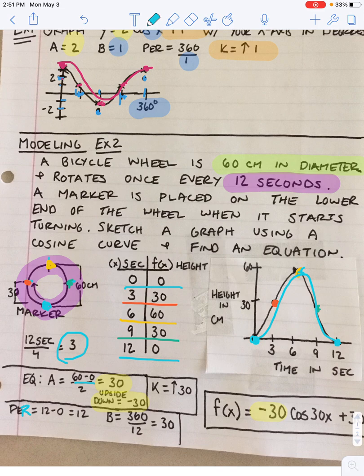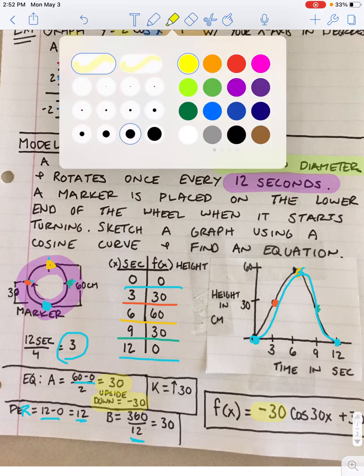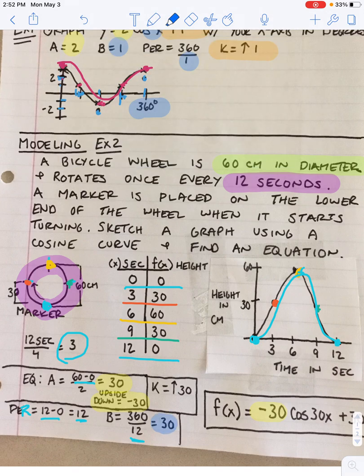So our furthest point was 12 seconds, earliest was 0, so 12 minus 0 is going to give me a period of 12. Now again, if you remember from yesterday, in order to find B, we take 360 divided by our period. So 360 divided by 12 is going to leave you with a B value of 30. Ironically, 30 both times. So remember, our B value goes right in front of our x.